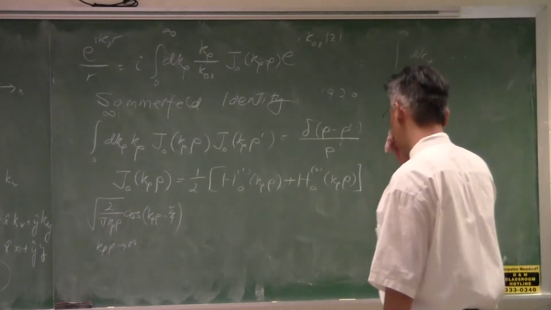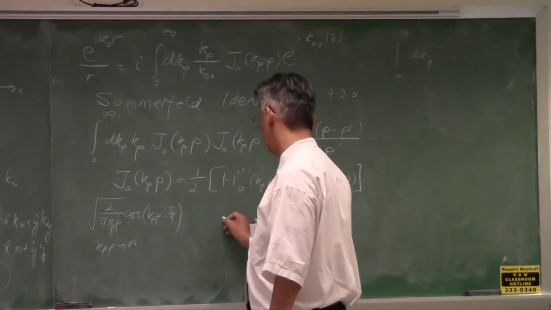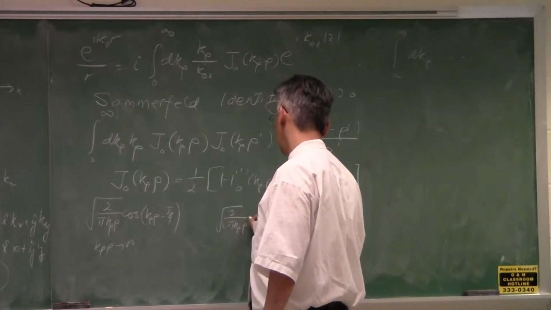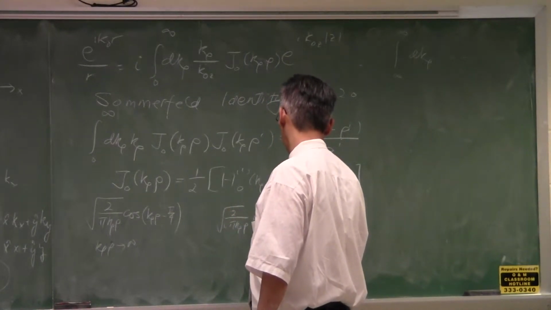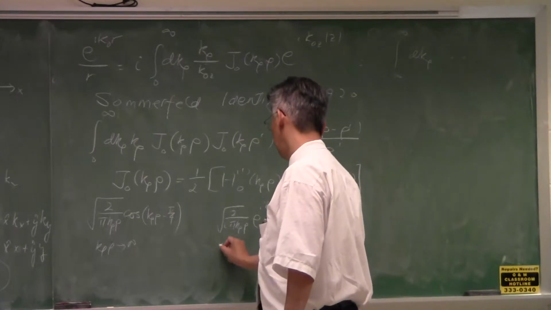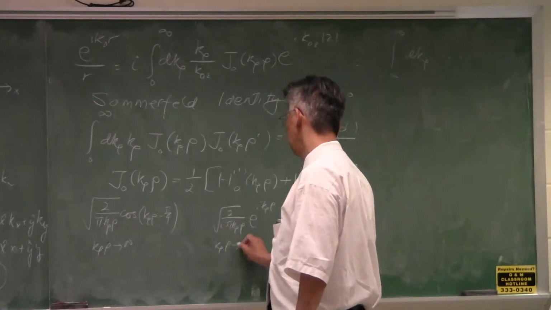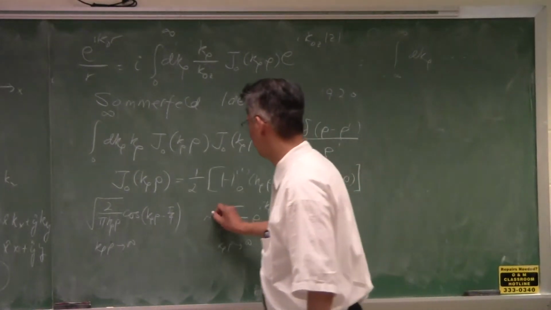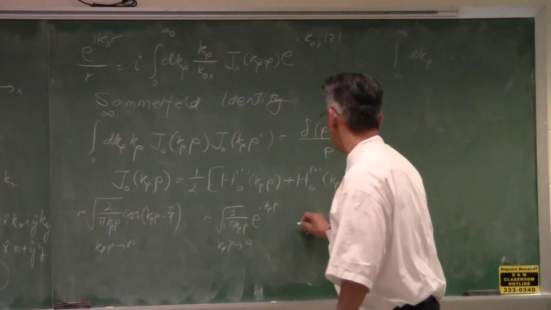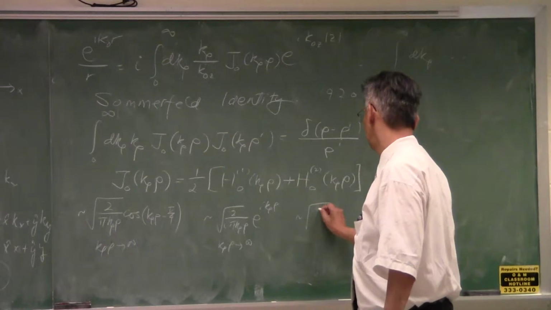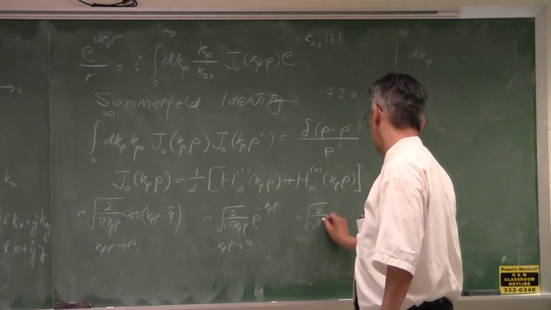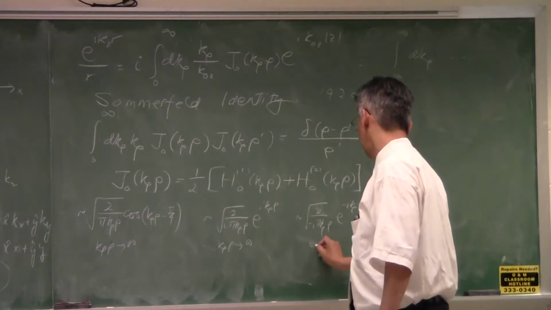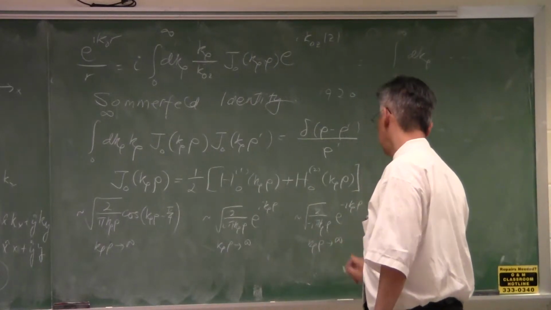And you can show that this actually is equal to square root of 2 over i pi k rho, e to the i k rho when k rho tends to infinity. These are called the asymptotic expansions of these functions. And then you can show that this is equal to square root of 2 over minus i pi k rho, e to the minus i k rho when k rho tends to infinity.